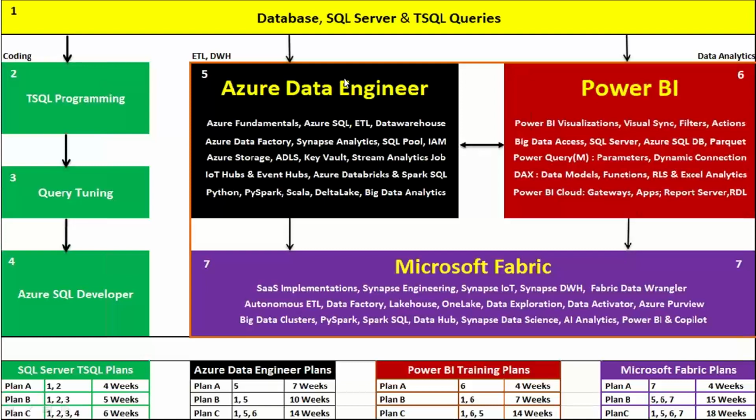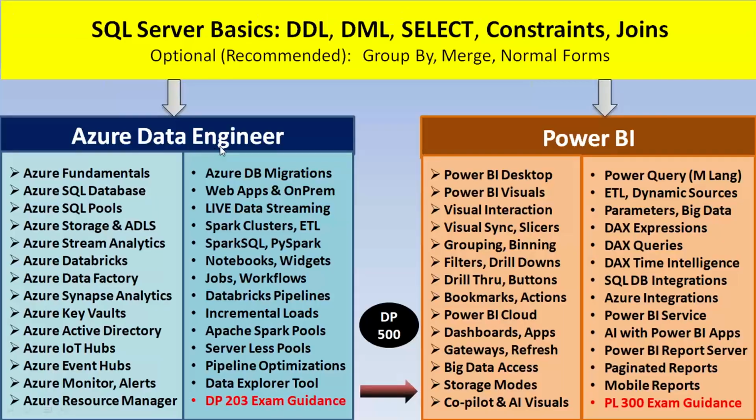Let's go there slowly, step by step. Here it is on my screen now. Make sure you revise DML, DDL, select, constraints and joins. Optional but recommended: please revise group by, merge and normal forms also in SQL Server.